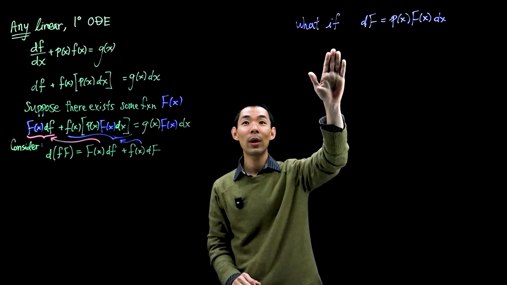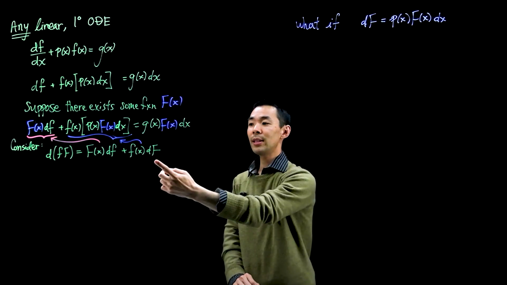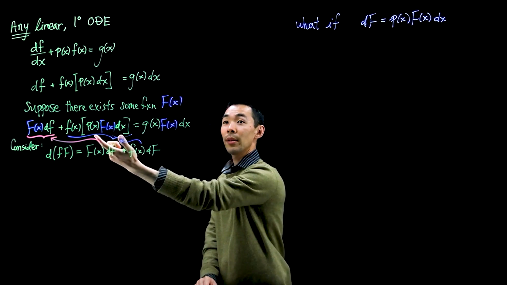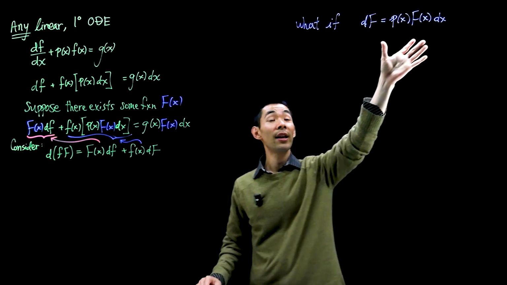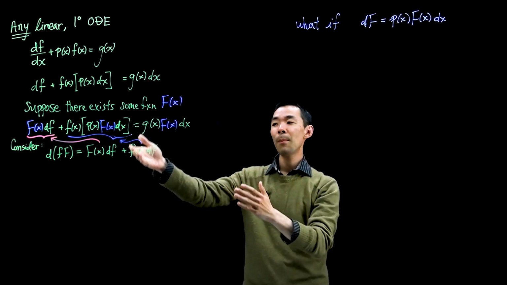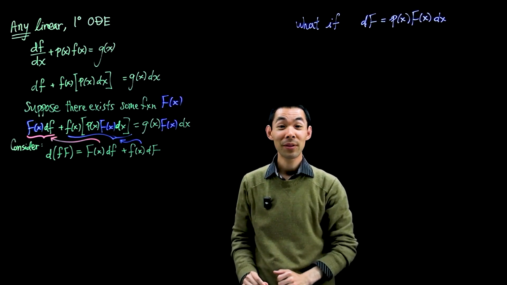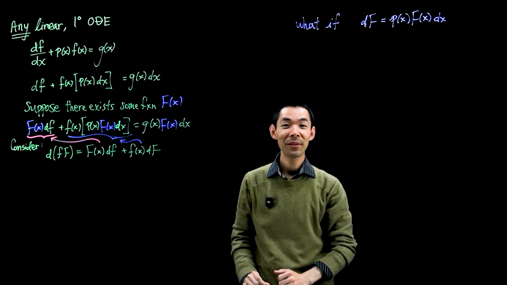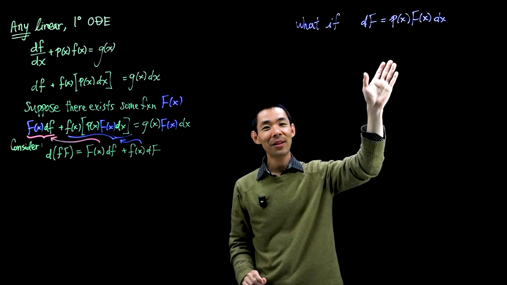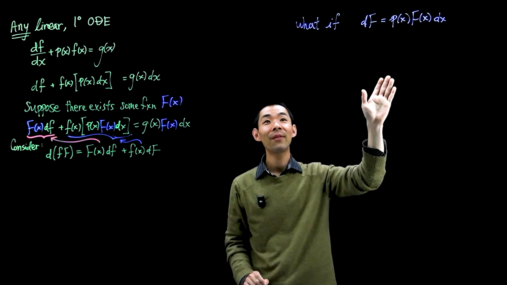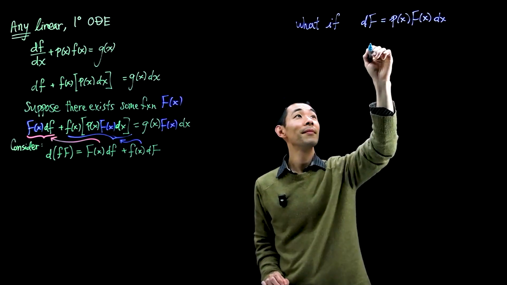So I've posed the question, what if this increment dF is equal to the term inside the brackets from the left over here? If this is true, we can map this bottom equation to the differential equation that we have right now. So let's take this equation, integrate both sides, and find F as a function of x.